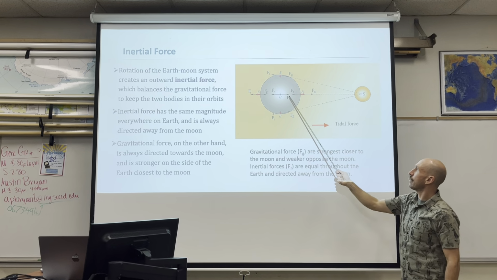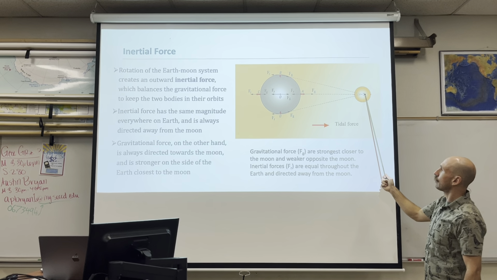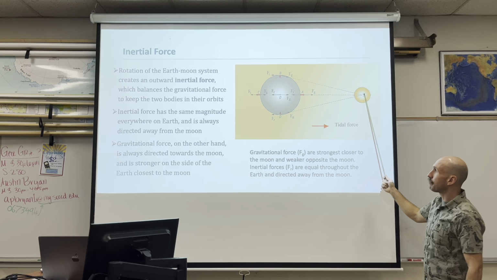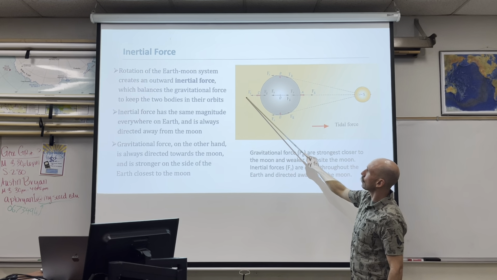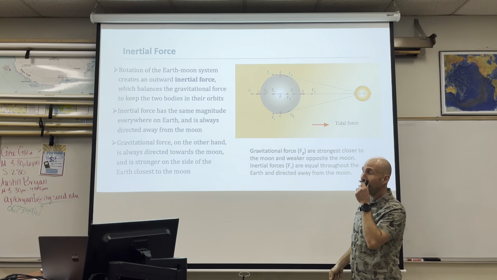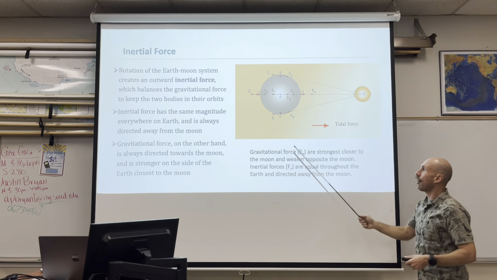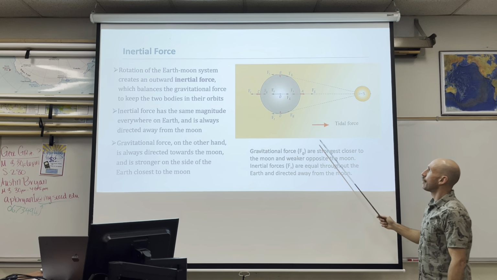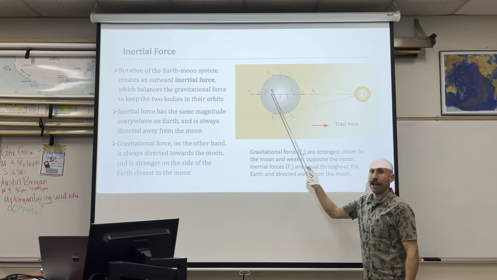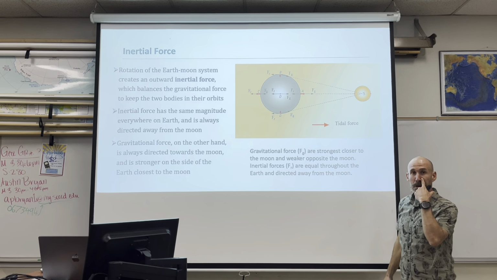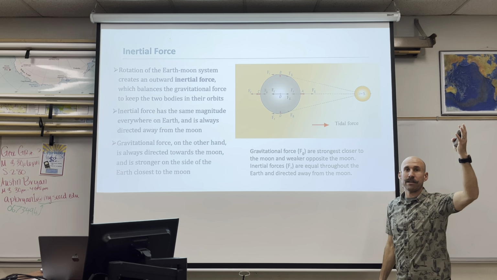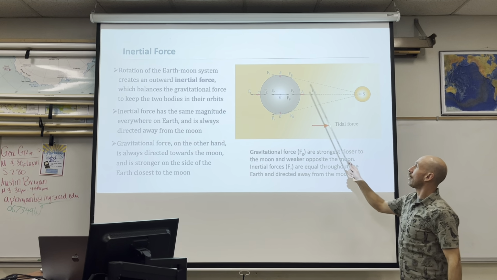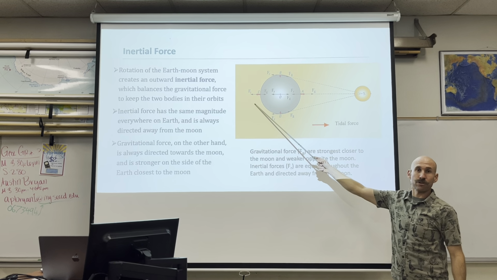The force of gravity towards the moon, the tidal force, is balanced by the inertial force because of the barycenter and how they're moving around each other. The inertial force and the gravitational force are equal and opposite, so the moon doesn't just go flying off into outer space. Moon is kept within Earth's orbit with the inertial force.